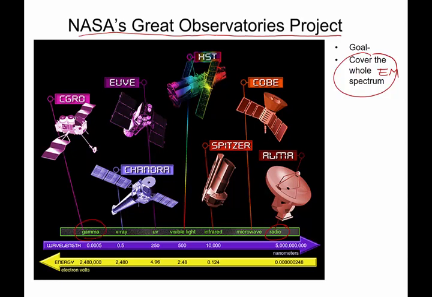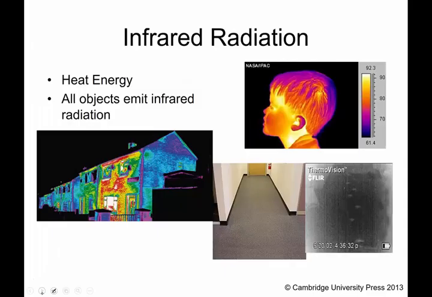Now, Hubble, as I mentioned, is in the visible, plus some of the infrared and some of the ultraviolet. There are other space telescopes that have been put up, COBE, Spitzer, Chandra, that cover different portions of the spectrum. And we're going to talk a little bit about all of these.